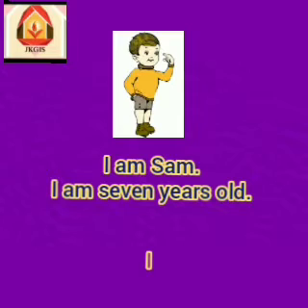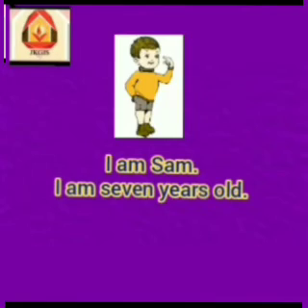And we should always remember that I is always written in capital letter. Here, I is a pronoun which is used in the naming part of the sentence. Just like I, we have some pronouns which are used in the telling part of the sentence, like my and me.